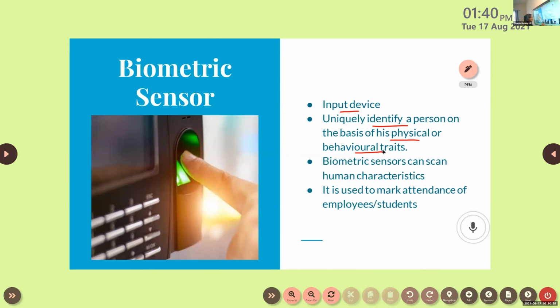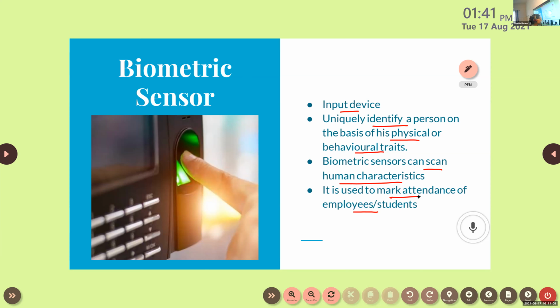Very good. So it is an input device which uniquely identifies a person on the basis of his or her physical or behavioral traits. It can scan human characteristics. Mainly it is used for taking attendance, in schools and in offices. Here it is not there yet, but probably it will be.